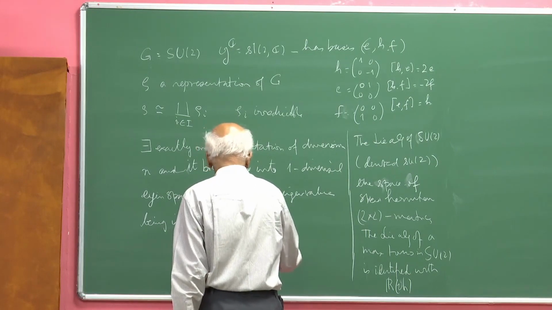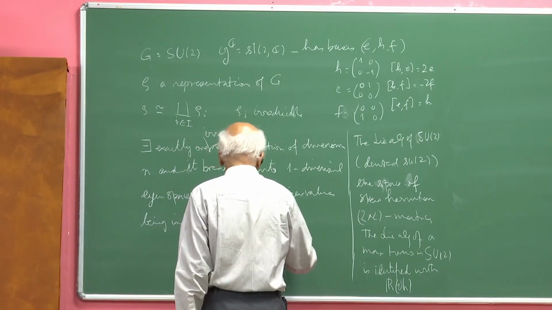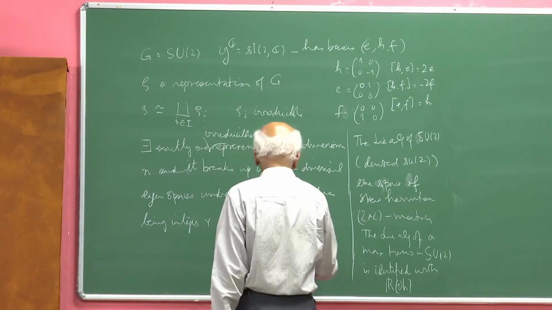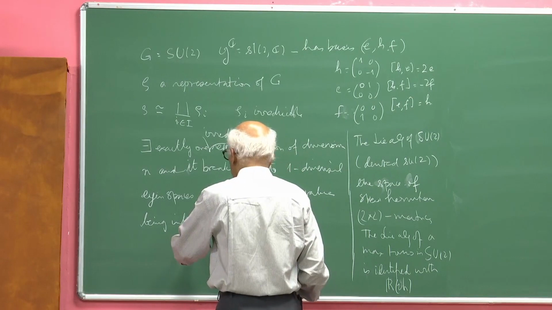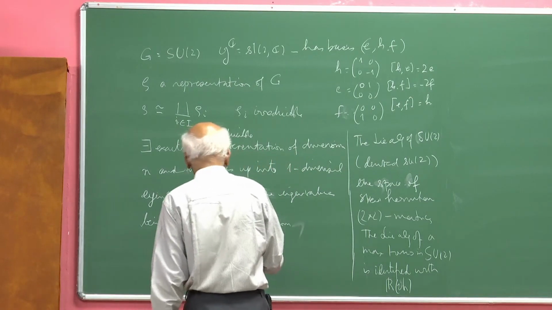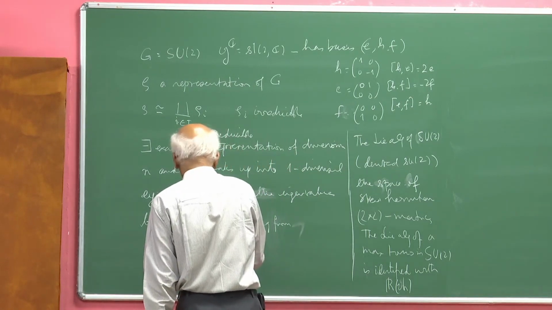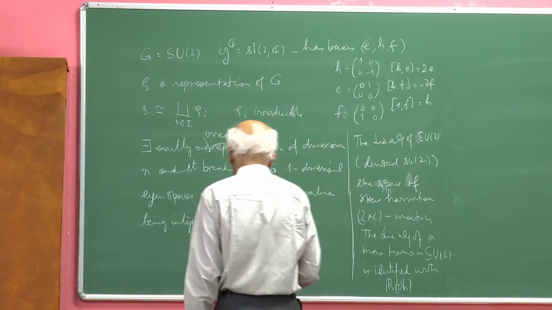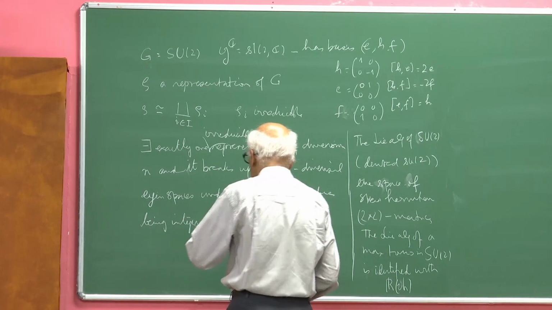R running from minus... being integers, let me say, how do I say this?